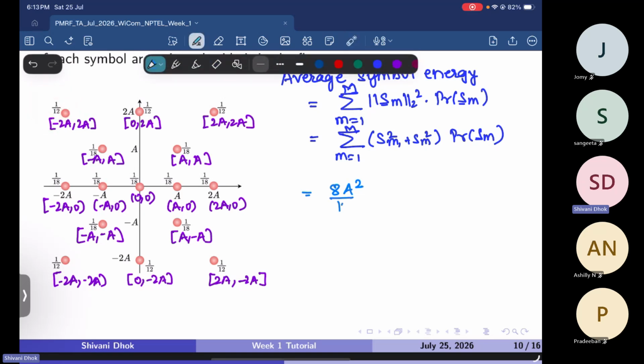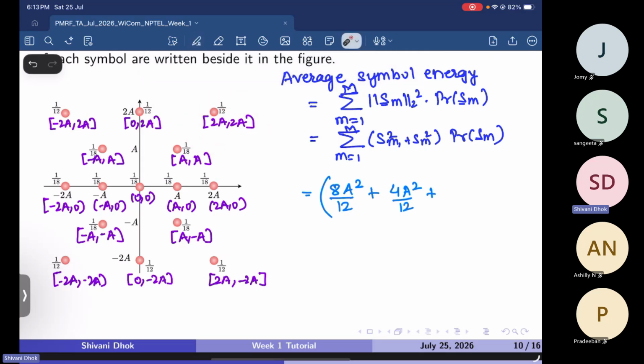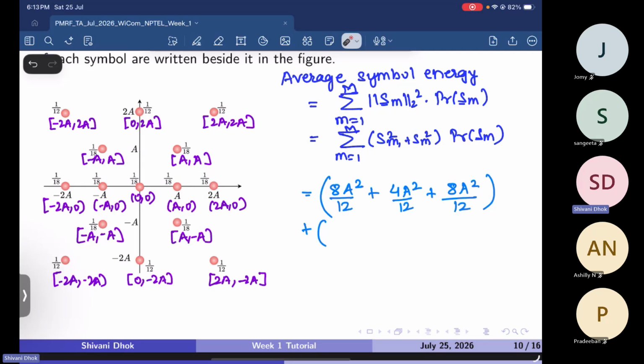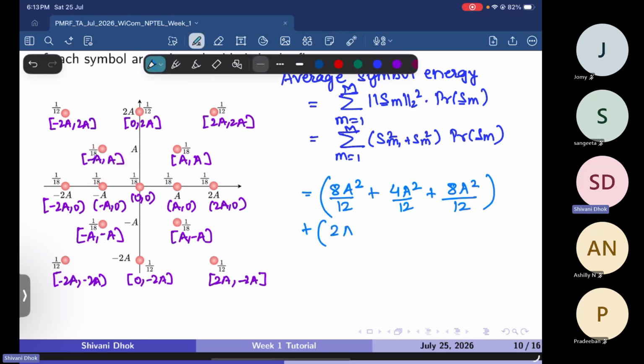So 8a square by 12 plus you have here 0 comma 2a. 2a whole square is 4a square by 12. And again you have 2a comma 2a, which will have 8a square as energy into its probability, that is 1 by 12. Plus you have here minus a comma a, that is a square plus a square, that is 2a square.